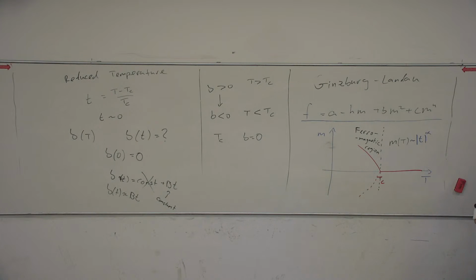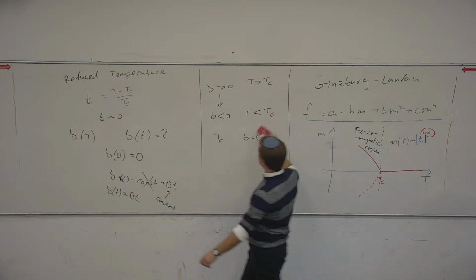But what's going to be exactly the same in many, many materials is this alpha over here. It's going to be the same alpha, or almost the same alpha. So there are classes, but all the different materials in one class are going to have exactly the same alpha. And this alpha is going to depend on whether I'm looking at a two-dimensional or three-dimensional system. So it's basically defined by the symmetries and the geometry of the system, or dimensionality, but not all the microscopic properties. This is why it was called universal critical exponent.